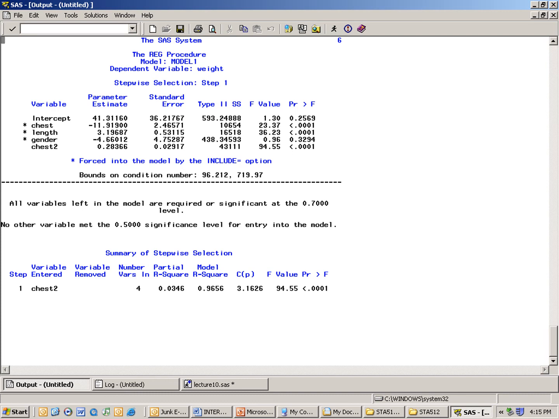I can see gender has a p-value of 0.3294. So I might take this model that the automated process gave me and refine it further by removing gender, in which case we're now back to the model we had already decided upon: chest length, chest squared.